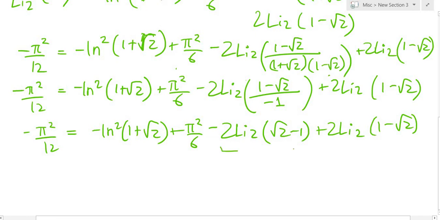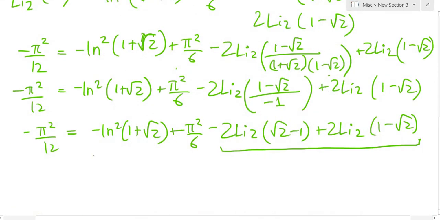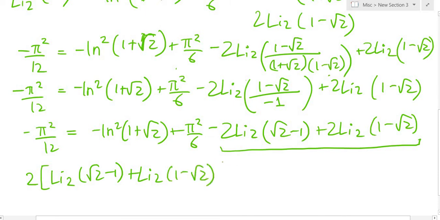Now why don't we make these two terms the subject of our equation, because if you remember what we originally wanted to find. So when we do that, we obtain 2 times, well, that we can take common, the dilogarithm of square root of 2 minus 1 plus the dilogarithm of 1 minus square root of 2 is equal to pi squared by 4 minus the natural log squared of 1 plus square root of 2.